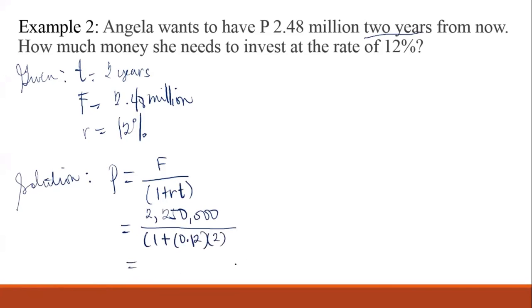Okay? Tama lang yung rate natin kasi yung term, kasi yung rate natin is per annum. Okay? So, there's no need for us to convert. And so, the principal is equal to 2 million. Okay?